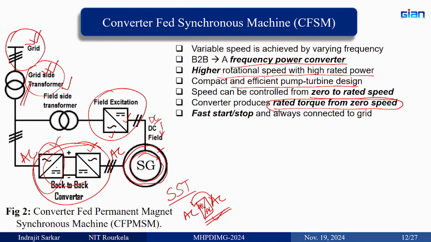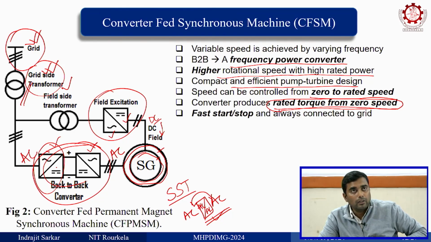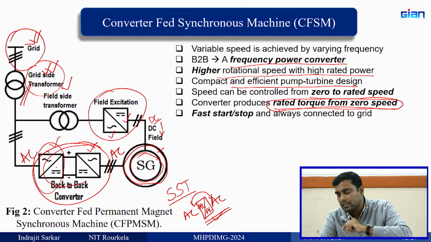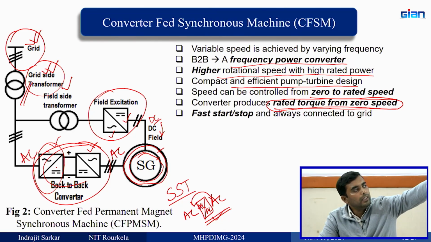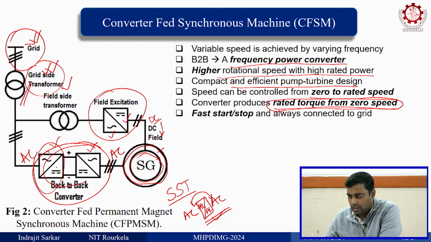This is the condition, rated torque from 0 speed. This is a very crucial requirement. Sometimes you have torque pulsation at 0 speed, and then the hoist cannot hold that object, it will vibrate because there is vibration in torque. So, you have to keep this in mind, and nowadays this is not a very difficult task.